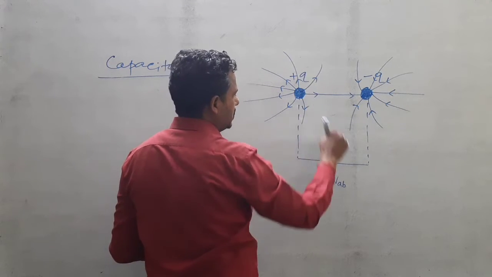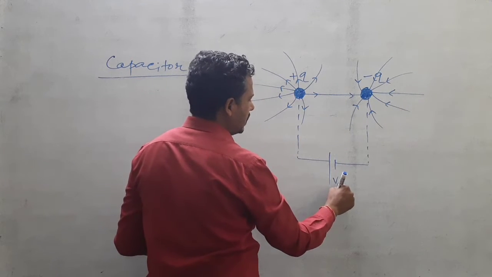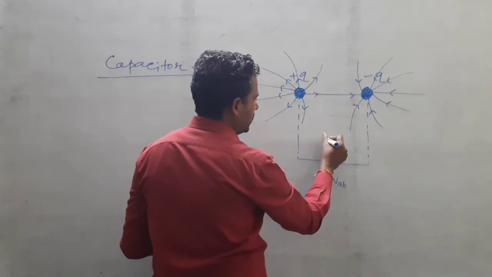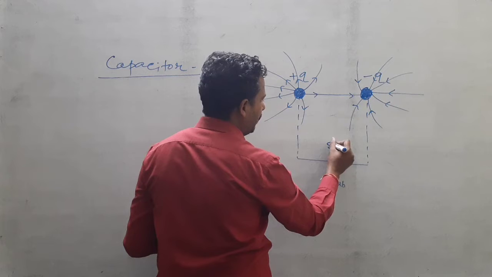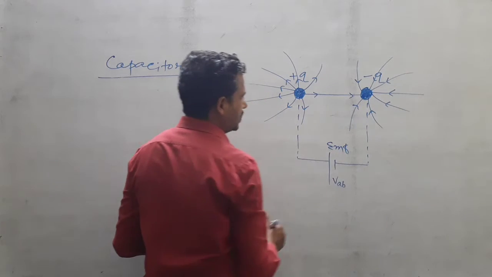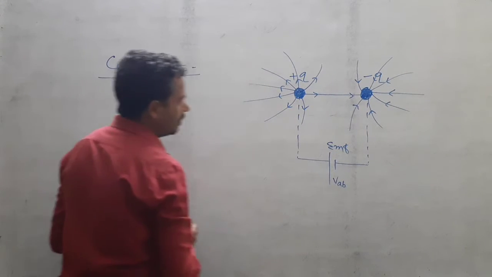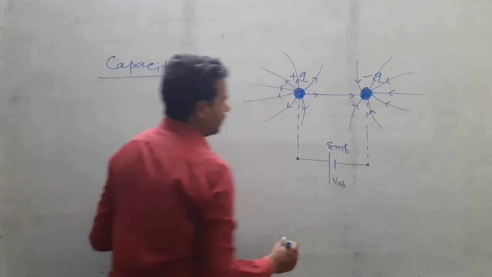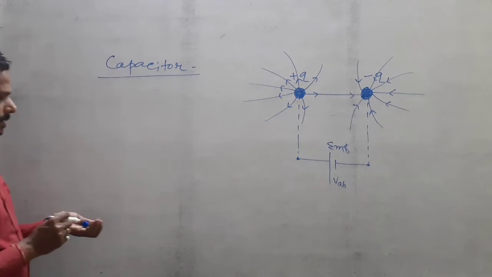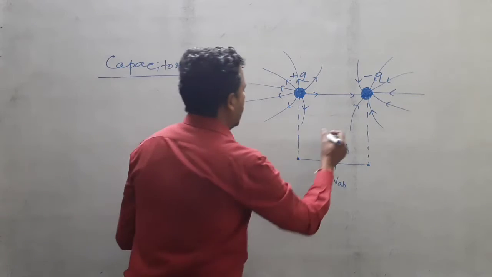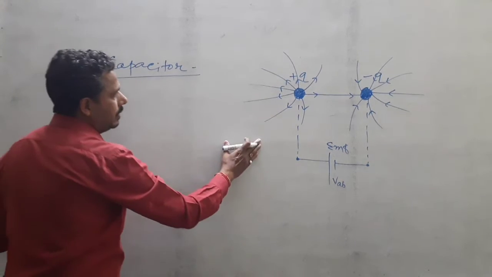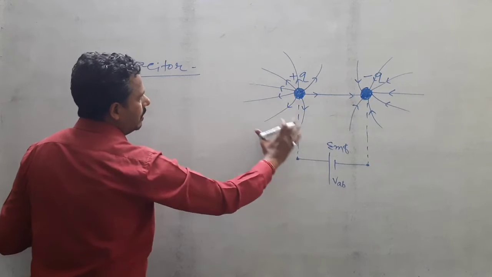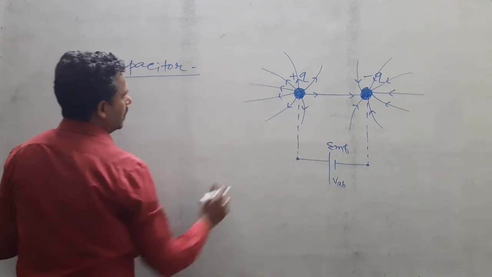Suppose Q is the charge given by this potential difference, which is actually an EMF. Using this one, we want to find the capacitance of these two conductors.